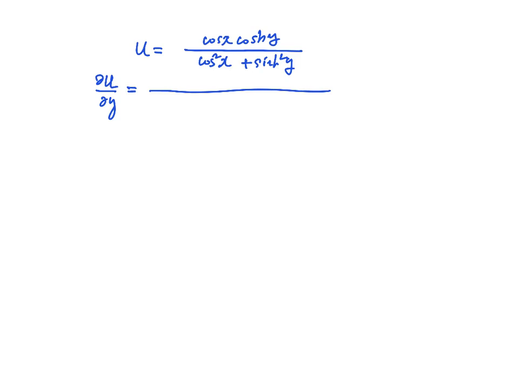So we first take the derivative of y in the denominator. So cosine hyperbolic y becomes sine hyperbolic y, right? So cosine x sine hyperbolic y, cosine square x sine hyperbolic square y, and minus cosine x cosine hyperbolic y, this is square.